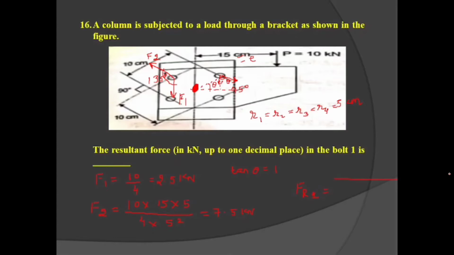So that is equal to the square root of 2.5 square plus 7.5 square plus 2 F1 F2 cos 135 degree. After solution I found the value equal to 5.99 kilonewton, which is nearly equal to 6 kilonewton. So resultant force is equal to 6 kilonewton is our answer.